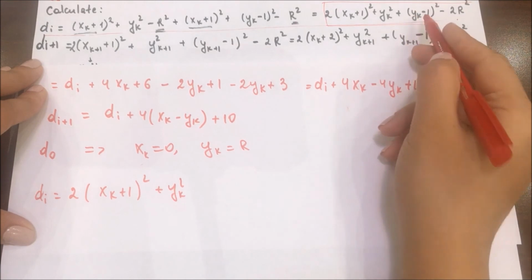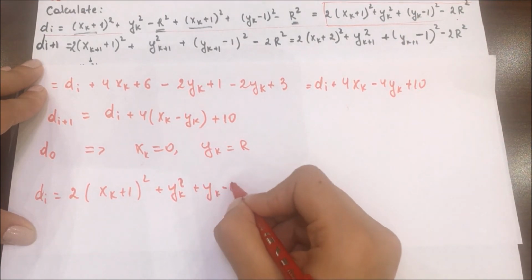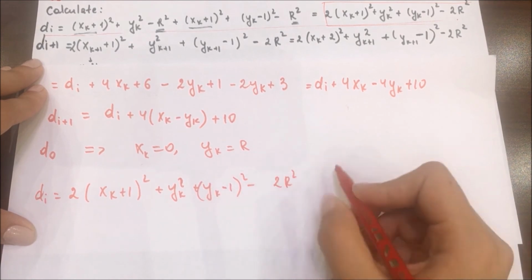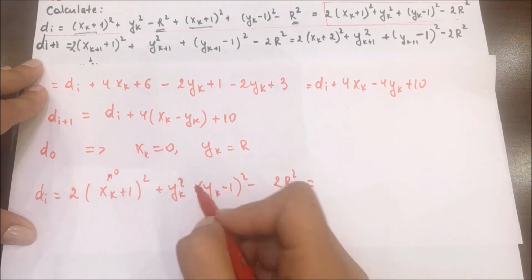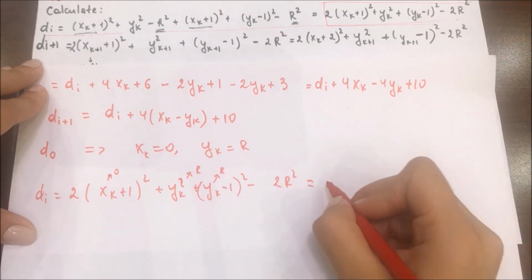So di equals 2 xk plus 1 square plus yk square plus yk minus 1 square minus 2r square. So here in this equation we will replace xk's with 0 and yk's with r.